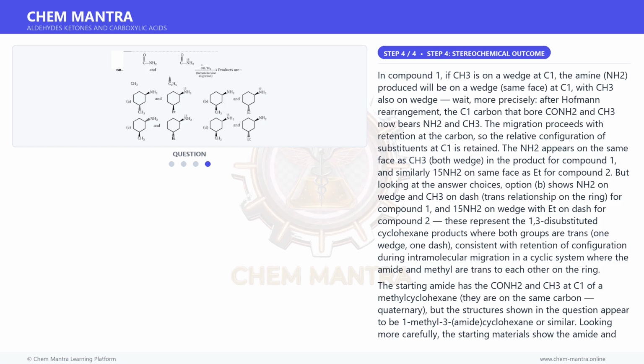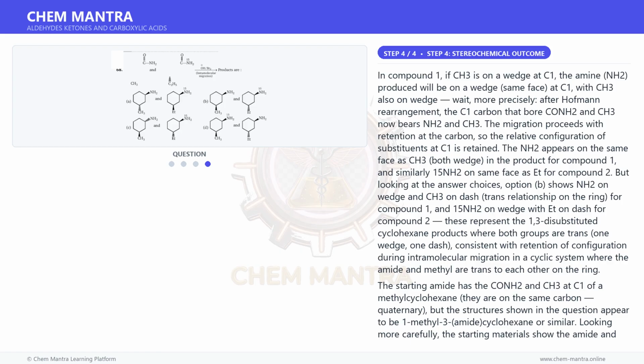In compound 1, if CH3 is on a wedge at C1, the amine, NH2, produced will be on a wedge, same phase, at C1 with CH3 also on wedge. Wait, more precisely, after Hofmann rearrangement, the C1 carbon that bore CONH2 and CH3 now bears NH2 and CH3.